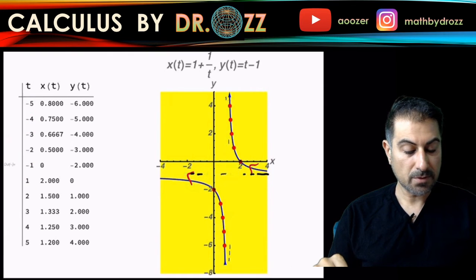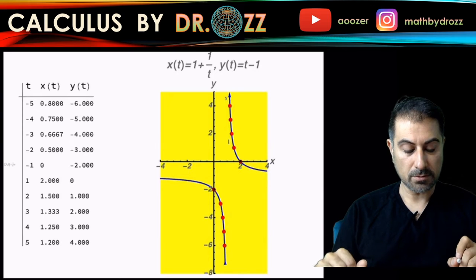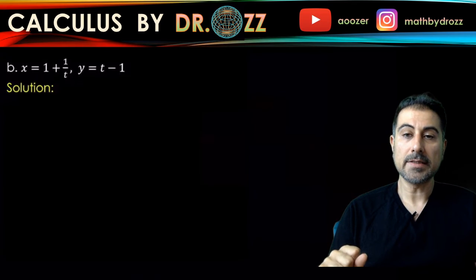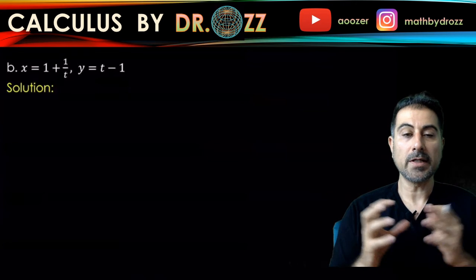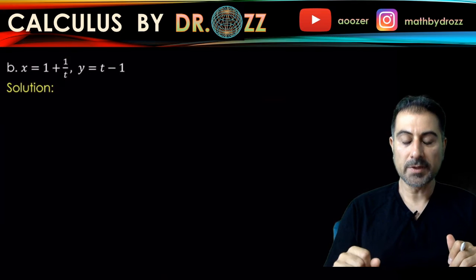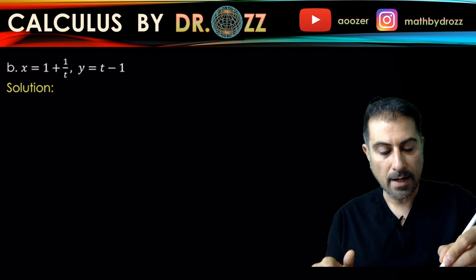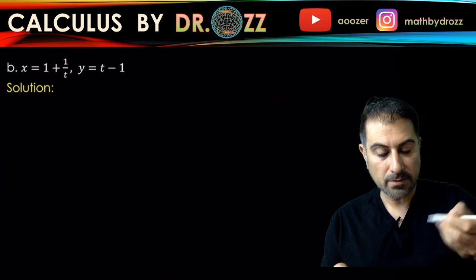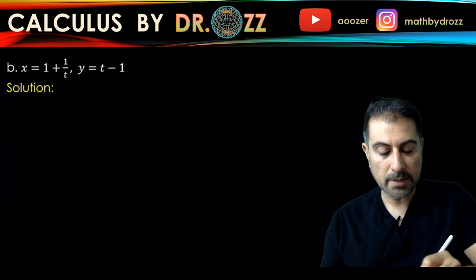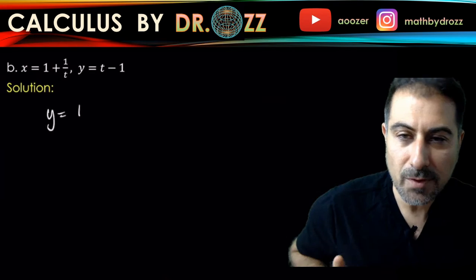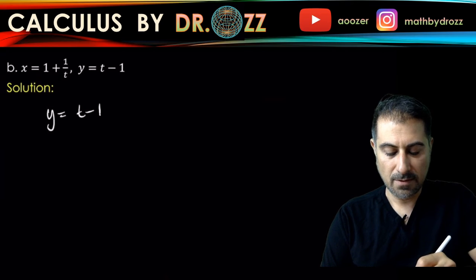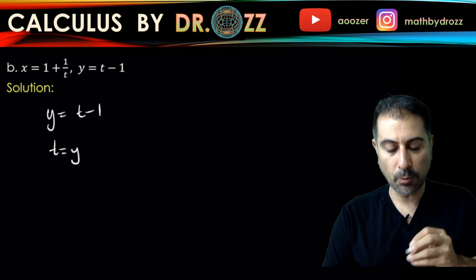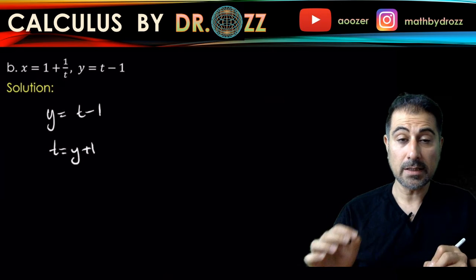When you start graphing this, this is the outlook you should have. What I'm going to do next is get back to the rectangular equation form. I want the classical xy representation of the equation. To do that, I need to solve the equations for t first. y equals t minus 1 is an easy one to do that. So t equals y plus 1, and I can plug that back into the x equation so that there won't be any t left.